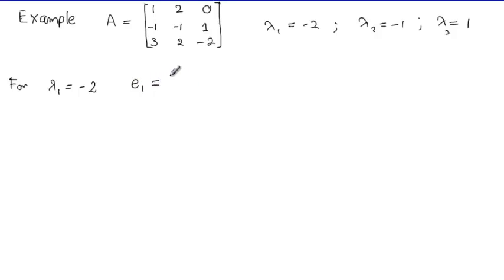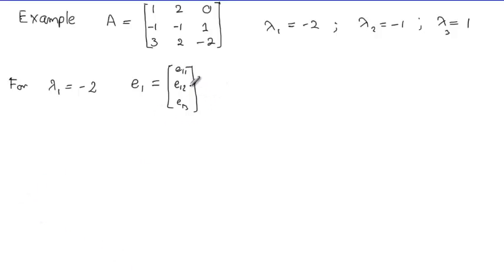Now, the form of the vector is E11, E12, E13.